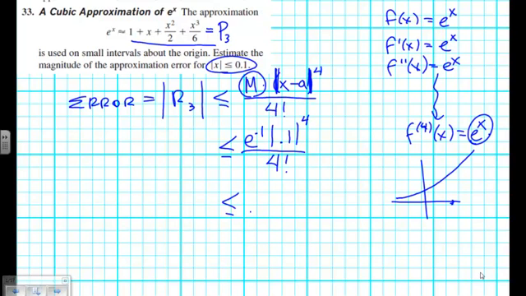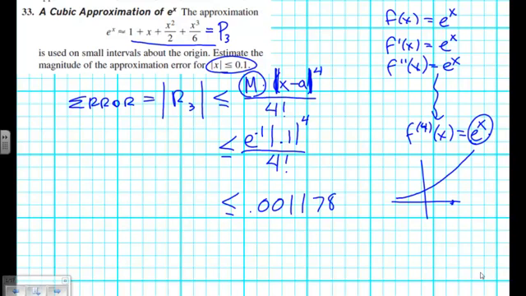Did you put it in the calculator already? Well, I put e to the 0.1 times 0.1 to the fourth divided by 24, and you get 0.00111, 78849, whatever.